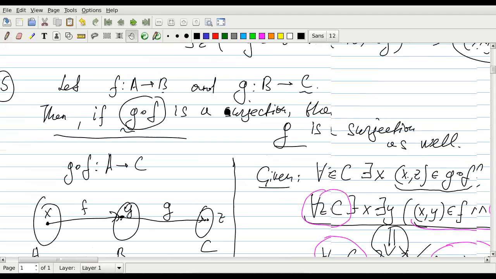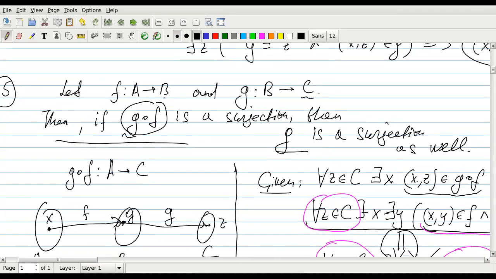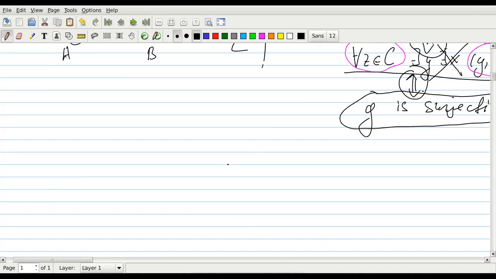So, may I continue? Yes. The next statement is not that trivial. It is a little bit harder to prove. It is one criterion for being a surjection.